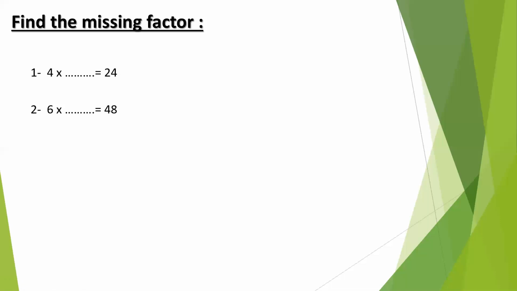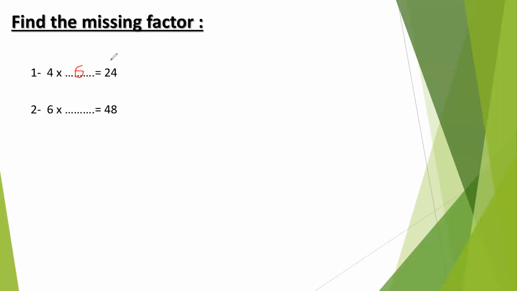I want to find the number that if I multiply it by 4, the answer will be 24. So what is the number here? Yes, it's 6. So if I multiply 4 by 6, the number will be 24.